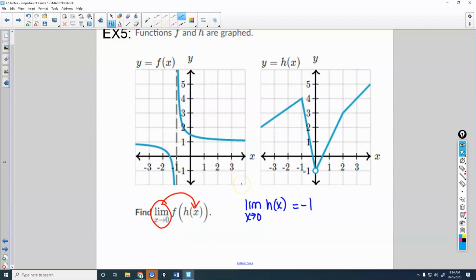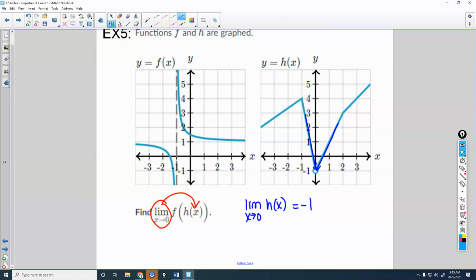Okay, so notice before I was saying we kind of want to see whether we're approaching this -1 from the top or the bottom or both sides, right? You need to think up and down vertically here. So as we approach that point, we approach from the top, right?